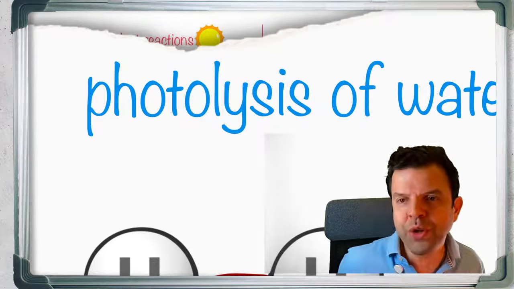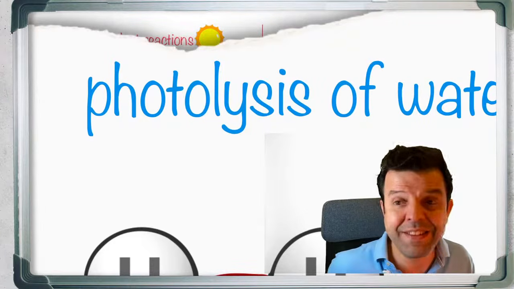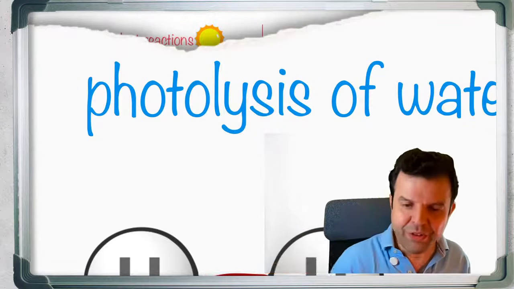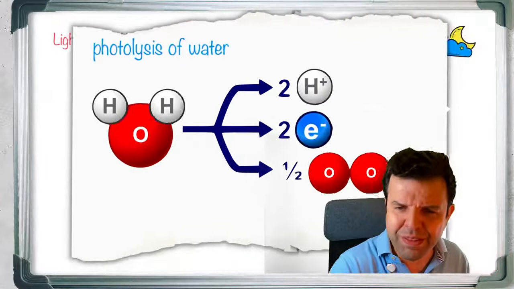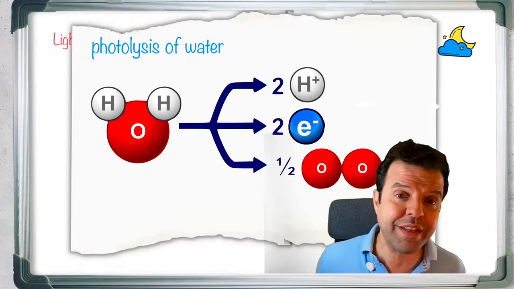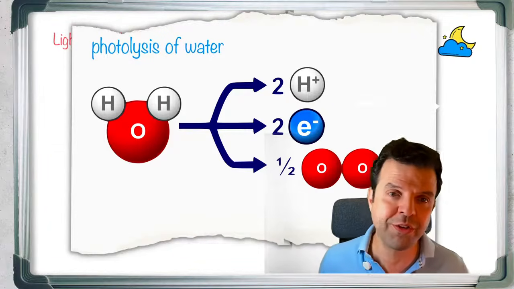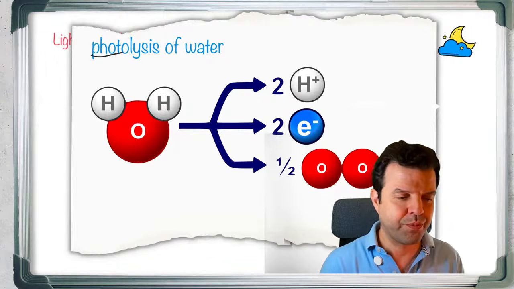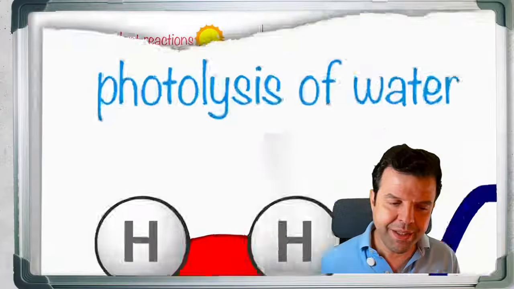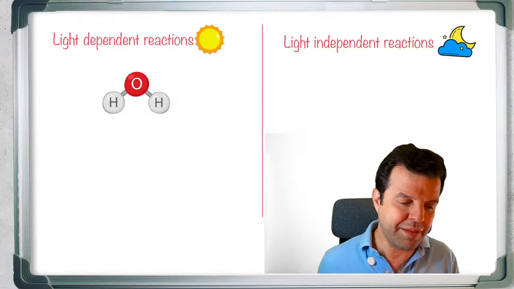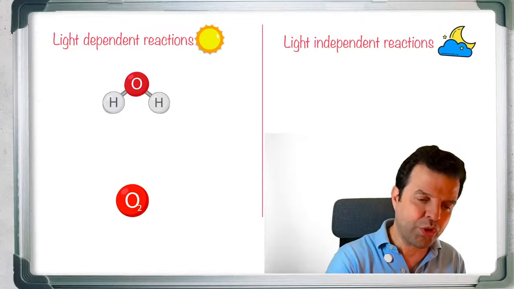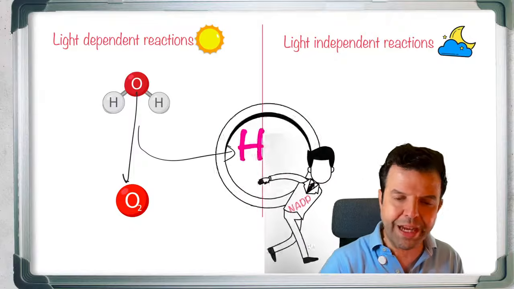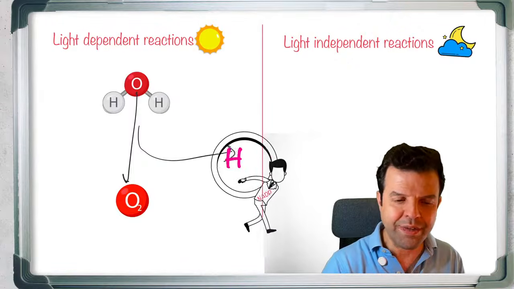Do you see what I wrote here? I wrote photo, light, lysis. To lyse is to split. So this reaction of using light energy to split the water and get all the good things out of it is called photolysis, the splitting of water with light. Okay? So this is my light-dependent reaction. Get the water split, extract all the good stuff out of the water, and carry them with this coenzyme.